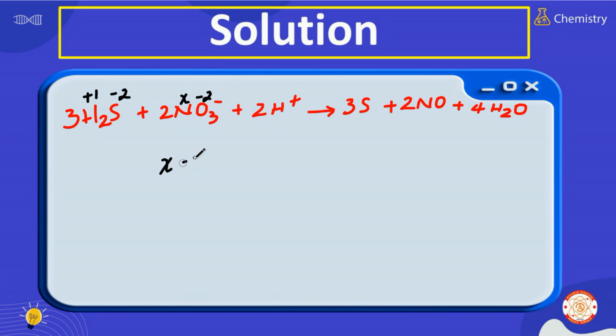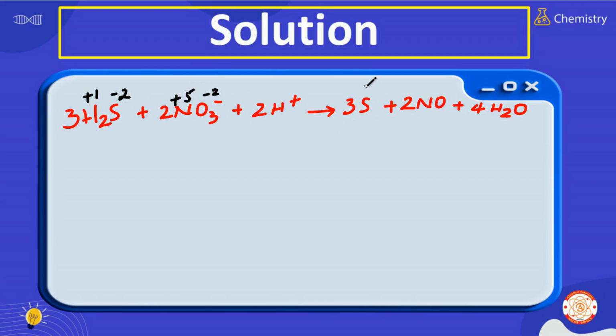Therefore, X minus 6 equals, because it has a charge of -1, equals -1. Therefore, X is equal to +5. So the oxidation state of nitrogen in nitrate is +5.